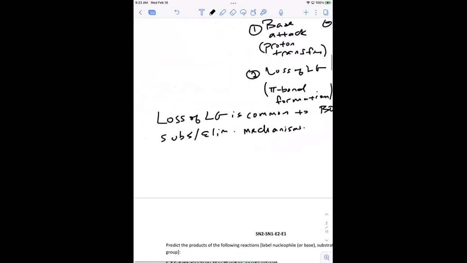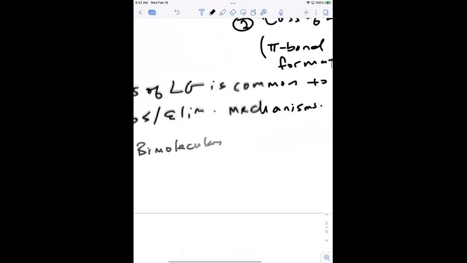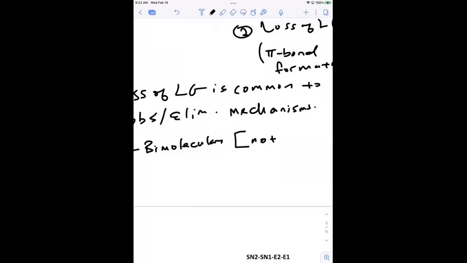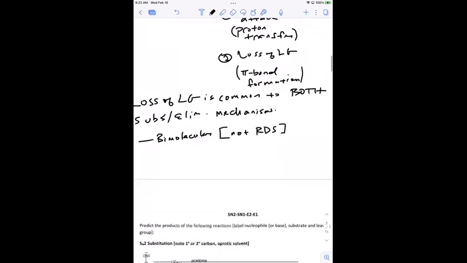If it's a bimolecular, right? It's not necessarily the rate determining step. It may be involved in the rate determining step, but it doesn't happen by itself.